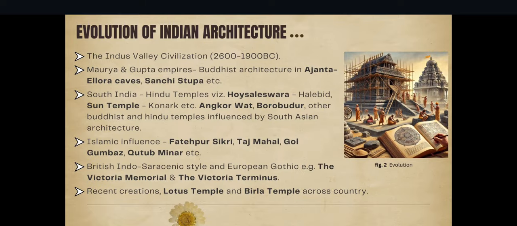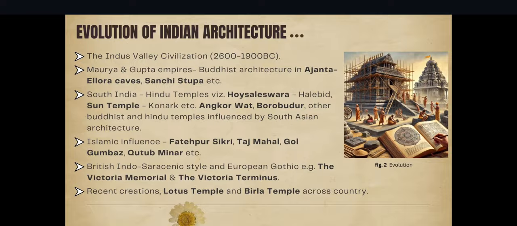Then, evolution of Indian architecture. First is the Indus Valley civilization, which is 2600 to 1900 BC. Maurya and Gupta empires, with Buddhist architecture in Ajanta and Ellora caves and the Sanchi Stupa. Then South India with Hindu temples, such as the Sun Temple at Konark, Angkor Wat, Borobudur, and other Buddhist and Hindu temples influenced by South Asian architecture.